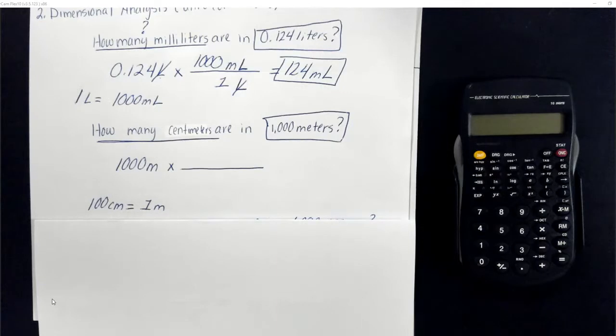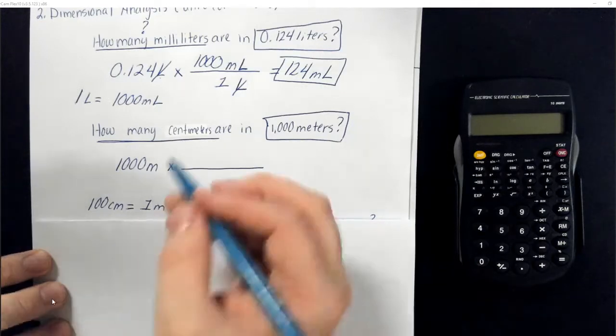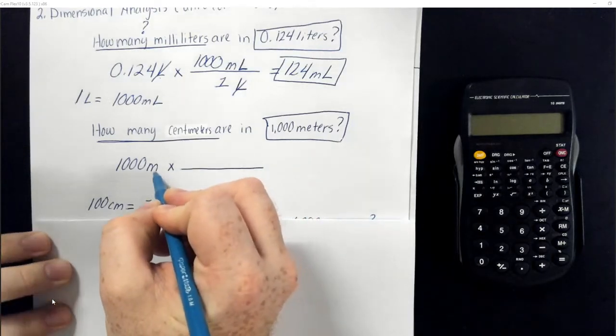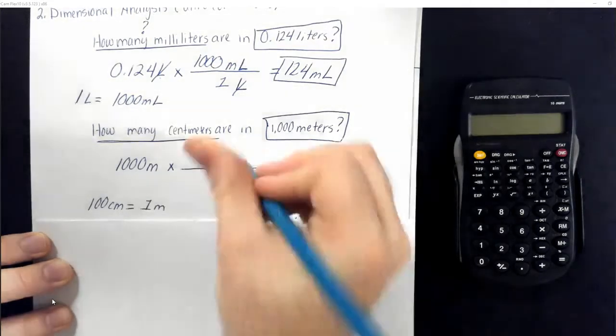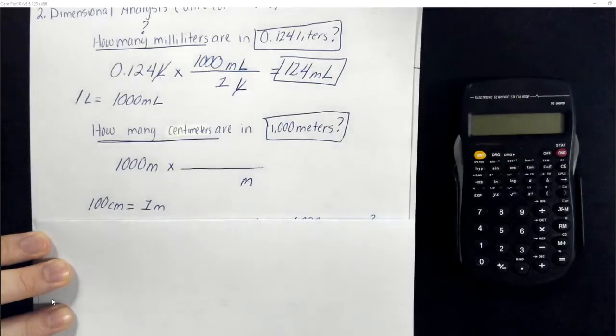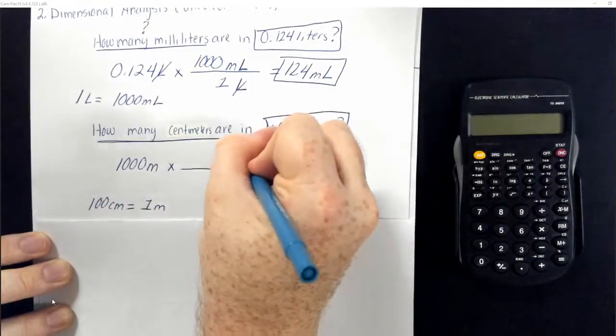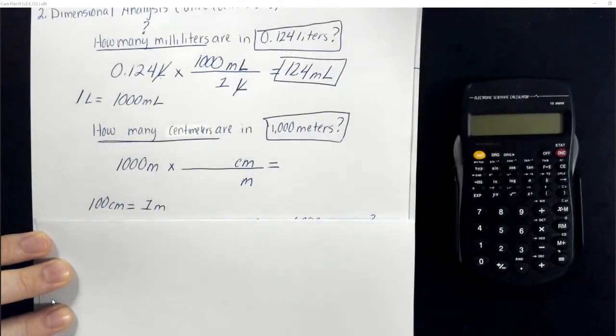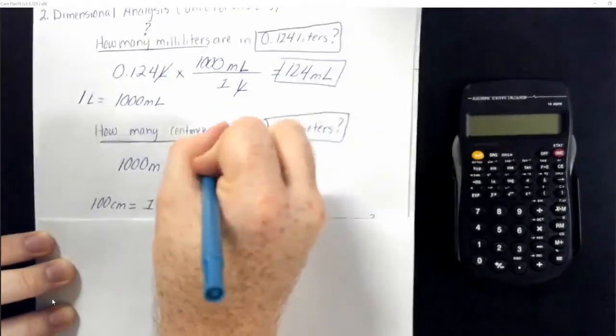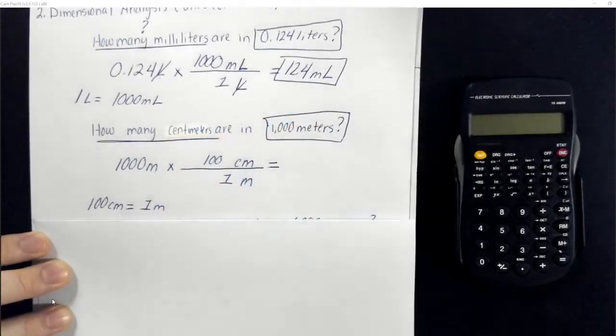Alright, let's go ahead and determine how we need to set up the conversion factor. I need to cross cancel this meters right here. So what needs to go down there? The same exact thing, meters. And the unit we're trying to find is centimeters. We already have it defined. There's 1 meter to every 100 centimeters.